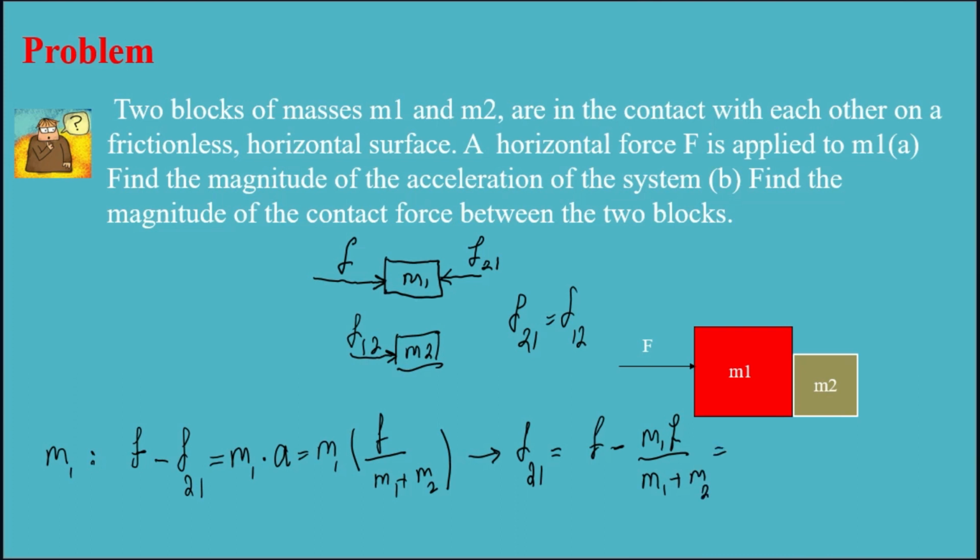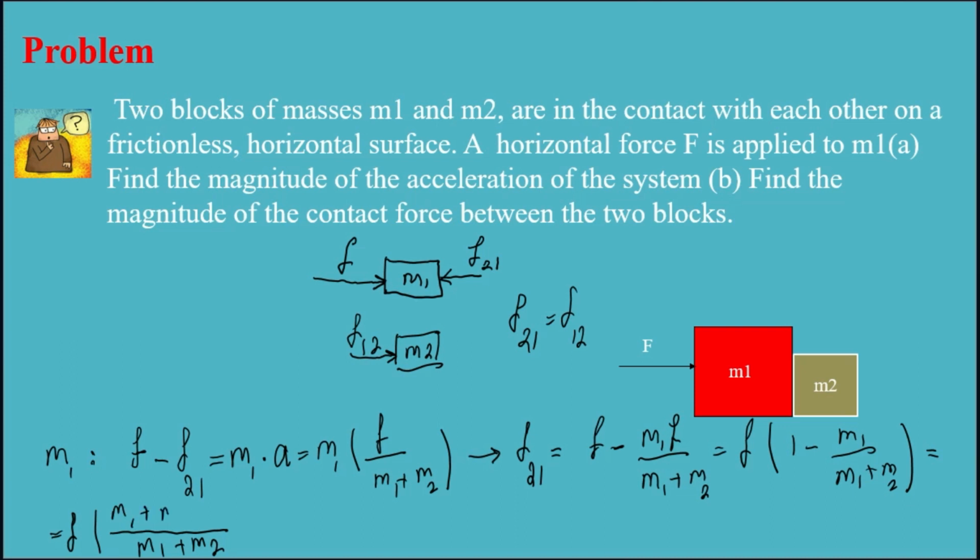I can take F out, giving 1 minus m1 over m1 plus m2.